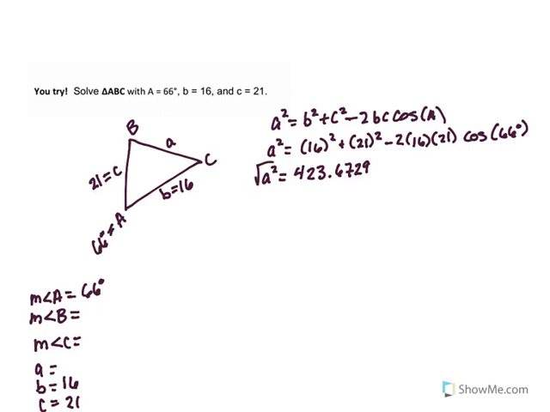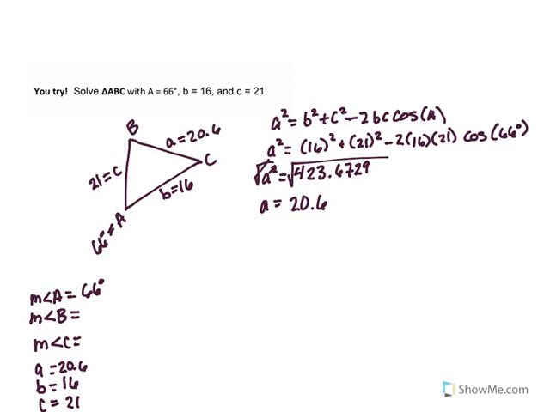Now, we need to square root both of these sides. We get A equals, remember these are opposite, so the square goes away. 20.58 is 20.6. So this is 20.6. We got that one with law of cosines because this is not a right triangle. We cannot use the Pythagorean theorem.